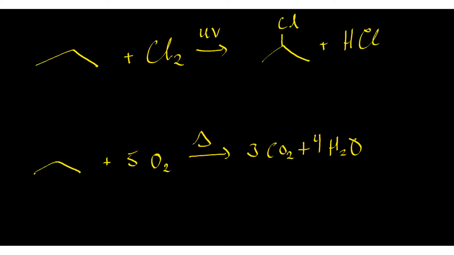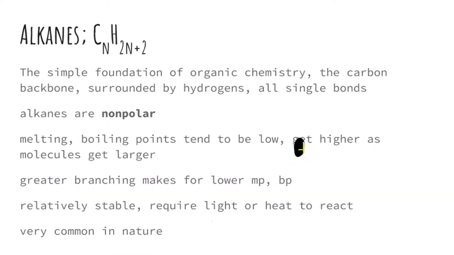You have to provide a spark, that is, or a lot of match, something like that. Now, when it comes to natural compounds, biological stuff, alkanes are incredibly common. They are the building block of life. So you will see these things everywhere.